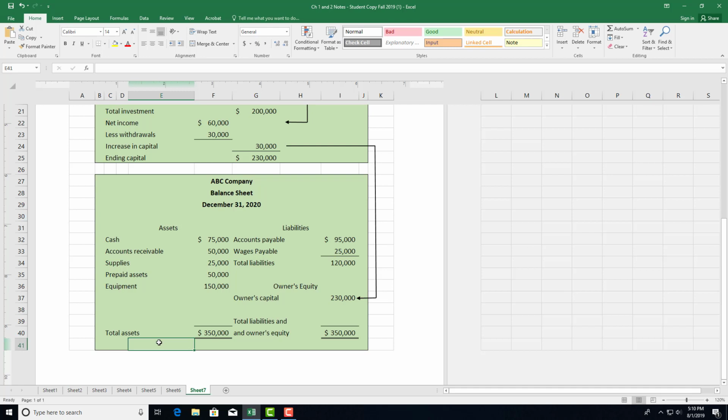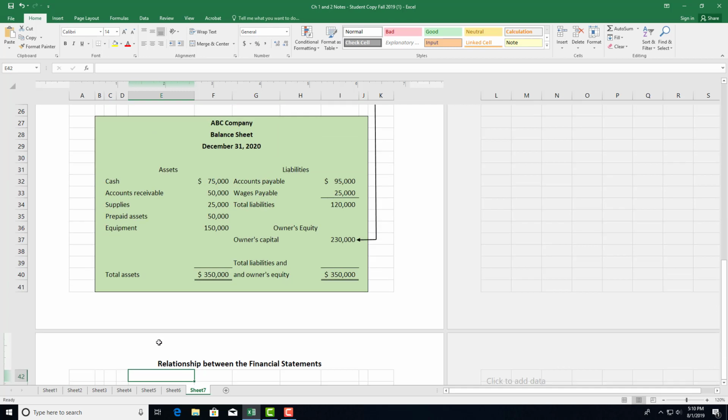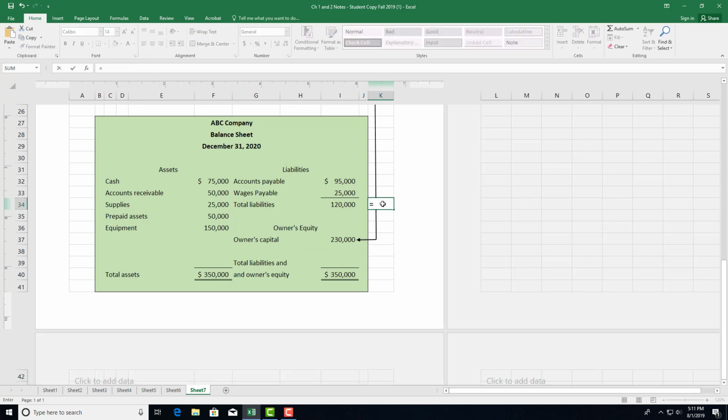But now I can evaluate the financial position or financial condition, and I can see that we have $350,000 in assets. Out of those assets, we have debt of $120,000, and we own $230,000, or have a claim as owners of the business of $230,000. Or we could look at it like this.